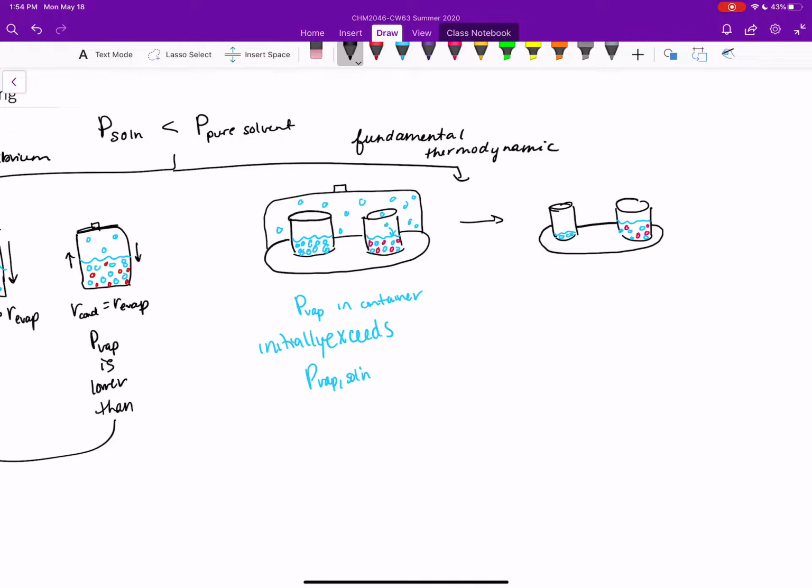And so the solution continues to pull solvent molecules in to dilute the solution. And so this will continue happening until all the pure solvent is gone. And we are left with just solution that has a vapor pressure that is lower than the pure solvent.